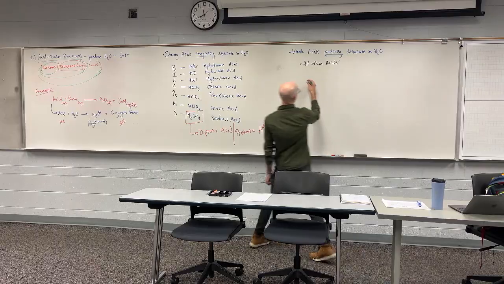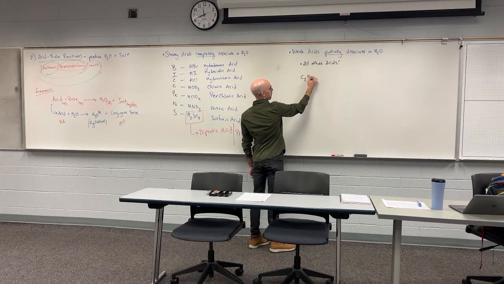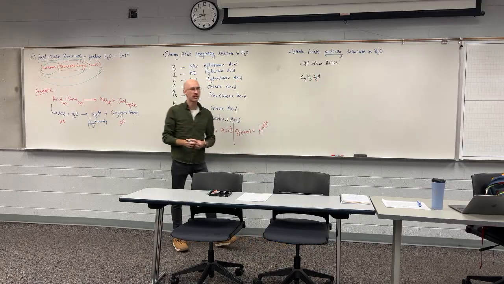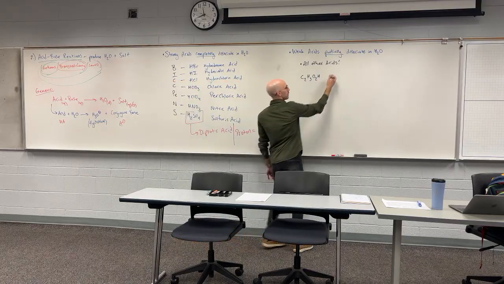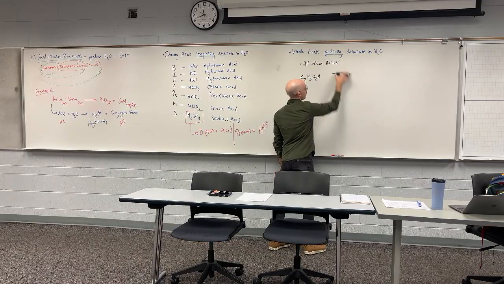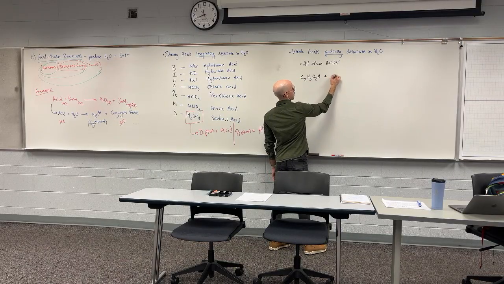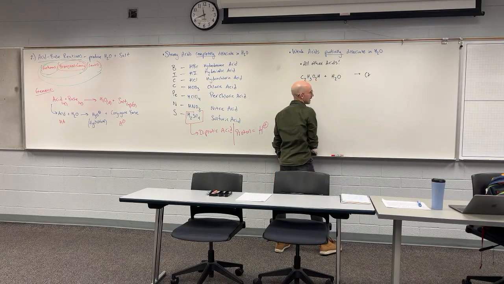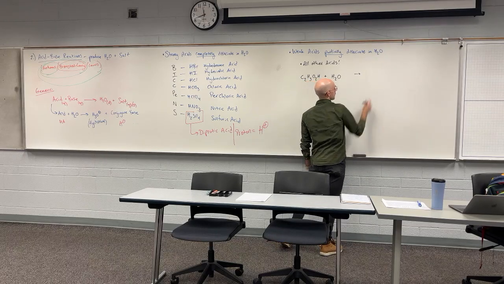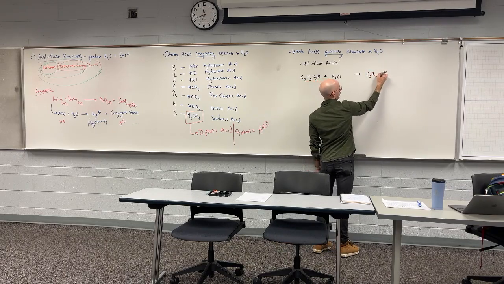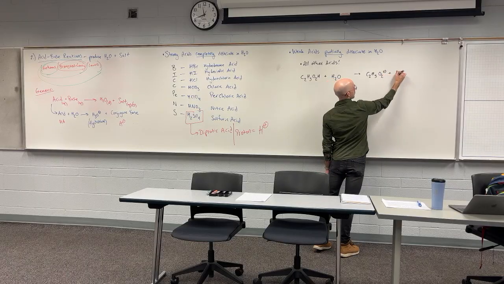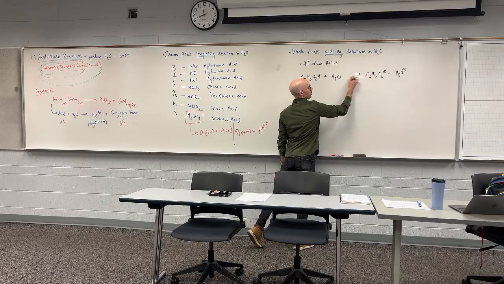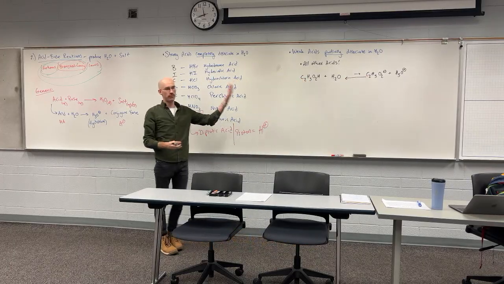If you take acetic acid, C2H3O2H, you can say that plus water, sorry. We can say that some of this acts as an acid to give C2H3O2 minus plus H3O plus, but a much larger amount of it remains as acid.